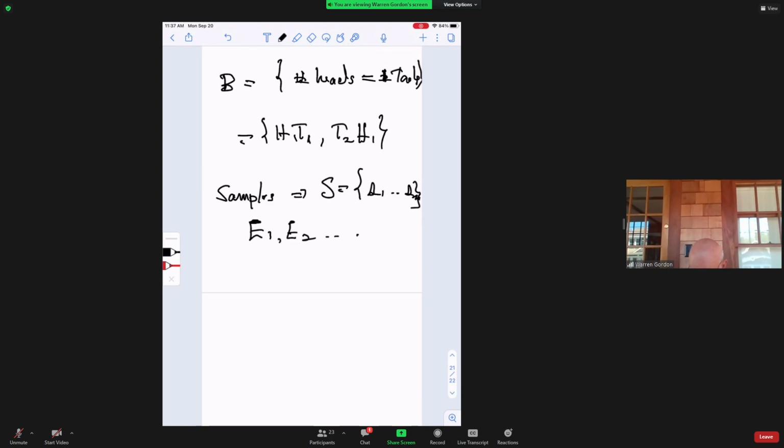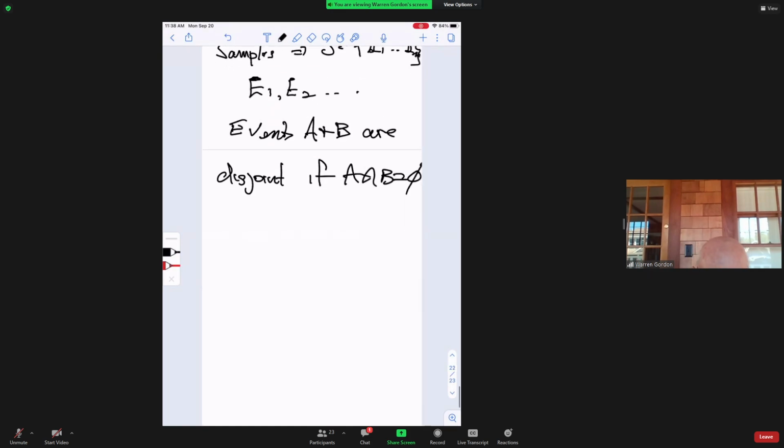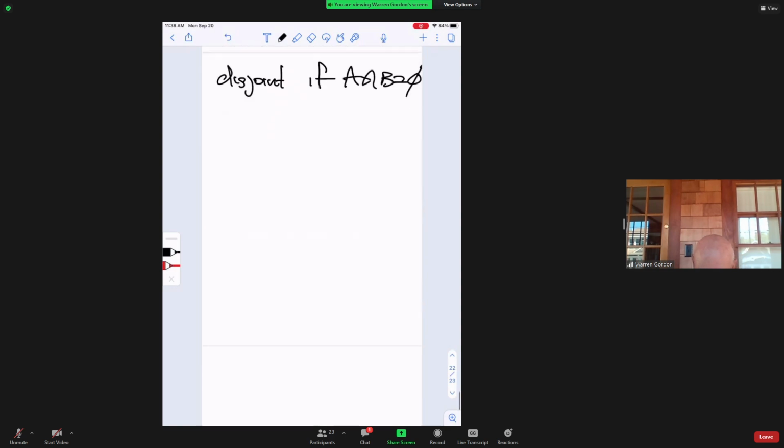Oh, by the way, I want to remind you, events A and B are said to be disjoint or mutually exclusive if their intersection is the empty set, meaning they can't happen together. Okay, so now let me talk about the three axioms of probability.